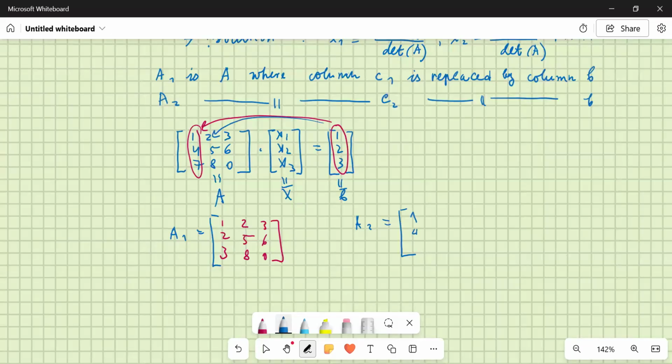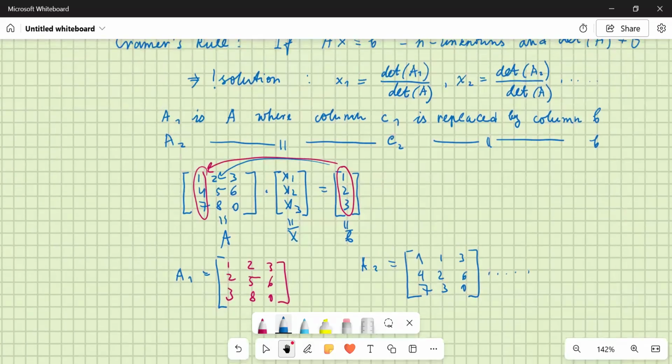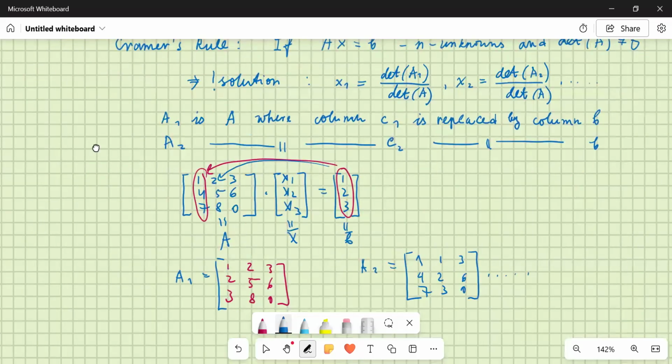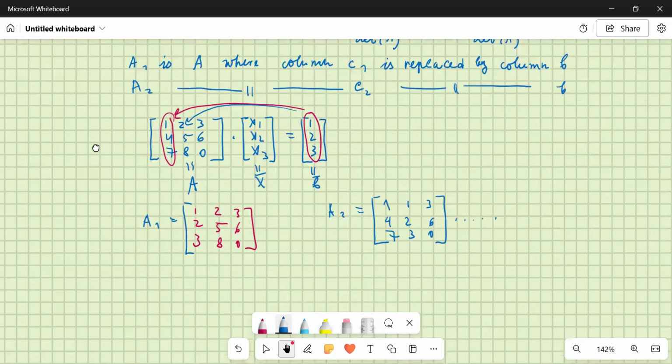So I'm going to keep the first one, 1, 4, 7. And instead of the second, 2, 5, 8, I'm going to put 1, 2, 3, and 3, 6, 0. That's how we build these matrices. After that, you just calculate the determinant of this matrix and the determinant of the original matrix, divide them, and that's going to produce a solution.